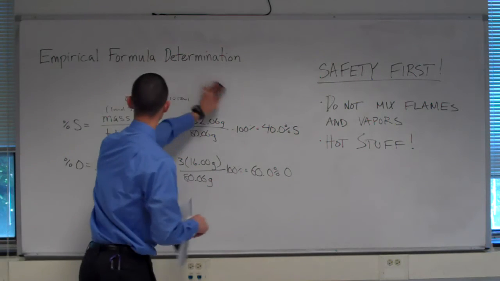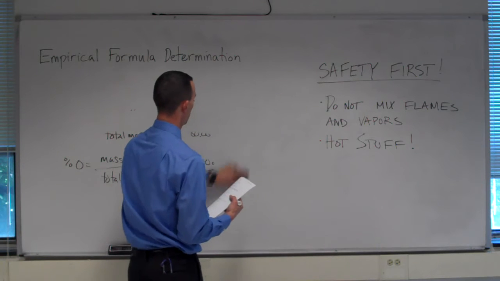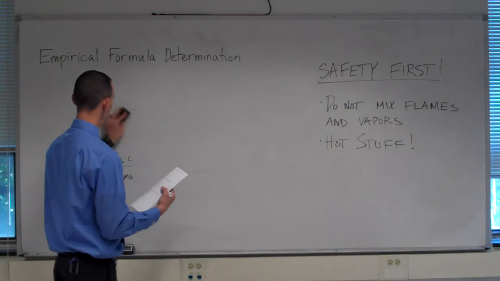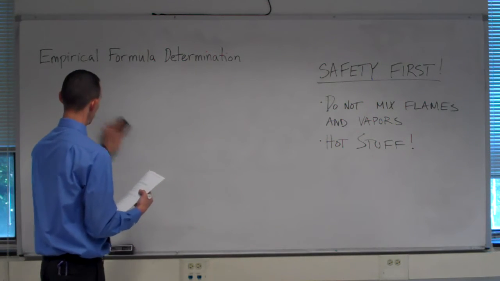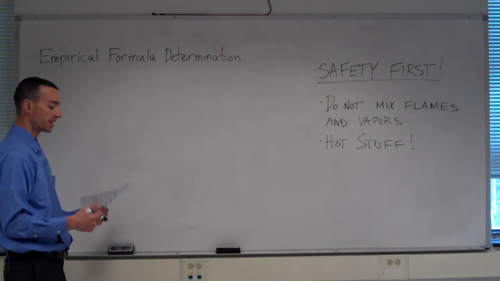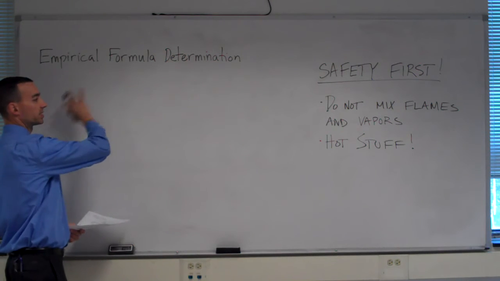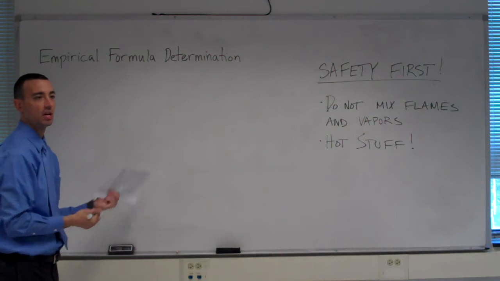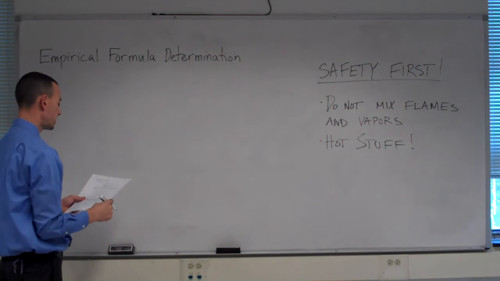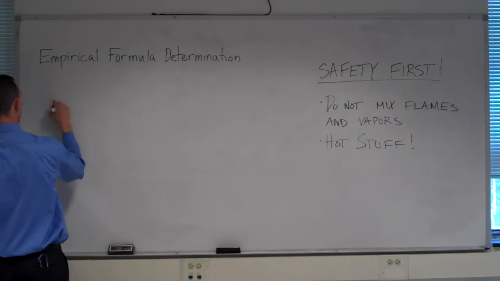Okay. Our second pre-lab question is a little more relevant to what we're doing in lab today. A different way of determining an empirical formula is from percent composition data. Here, in the first question, we used a formula to determine percent composition. We're going to work backwards from percentages to a formula in this second example.